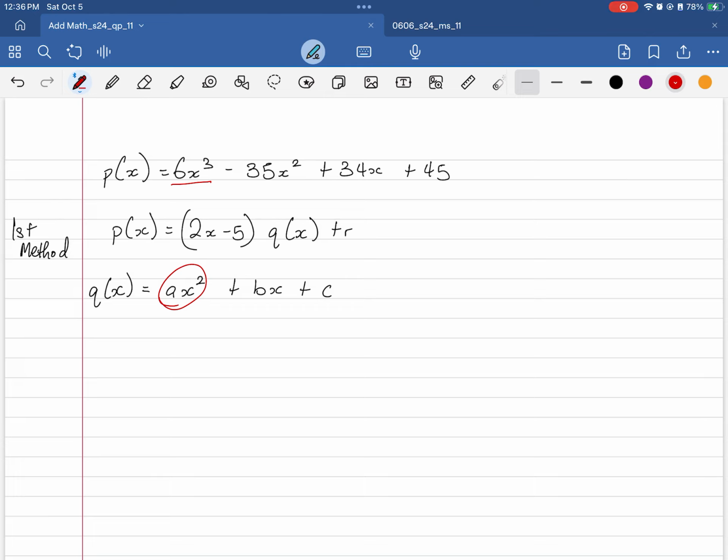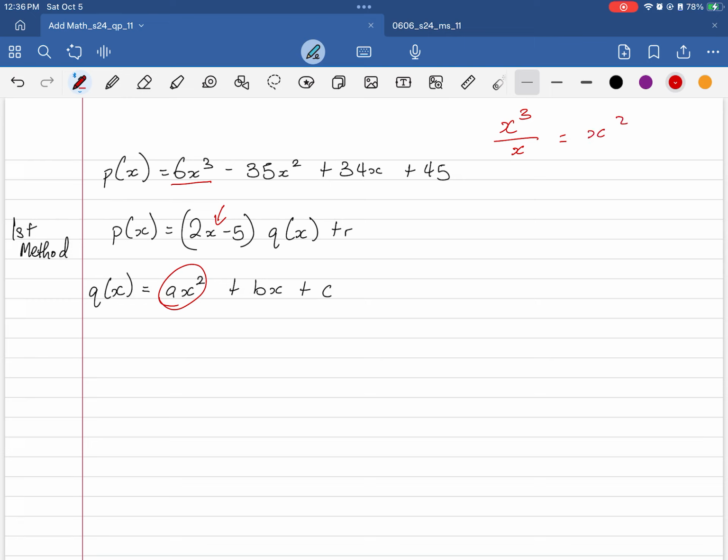The highest power of your original polynomial is 3, and you already have a factor here of 2x minus 5. So basically you subtract by indices. If you divide x cubed over x, you get x squared.